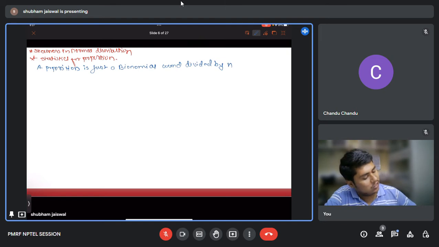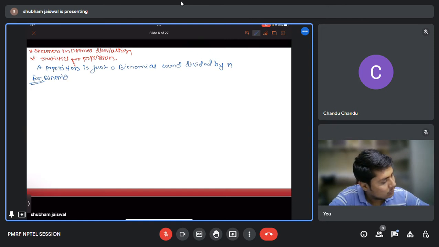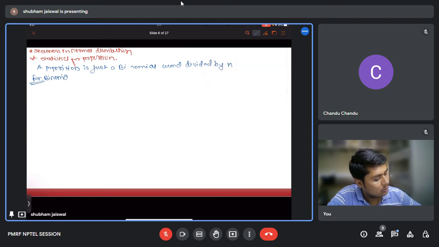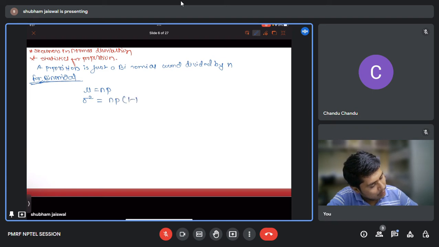For the binomial distribution, the mu is np, sigma square, that is the variance, is np(1 minus p), and the standard deviation is the square root of the variance.